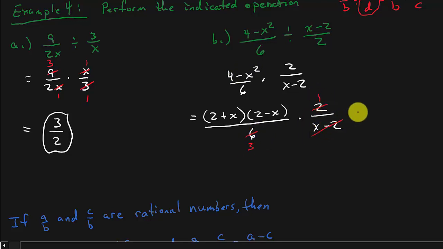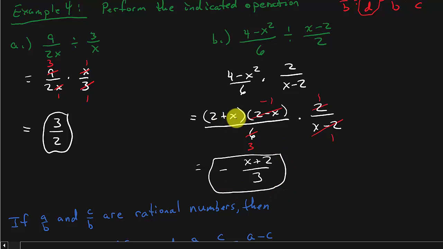And then look at this. Did you notice those were opposites of each other? So we are left with negative x plus 2 over 3. And all I did, I just wrote the x first. And then the negative, I just put out in front of the entire fraction.